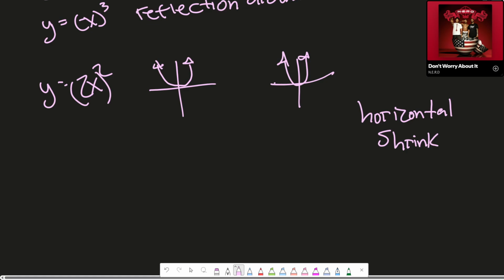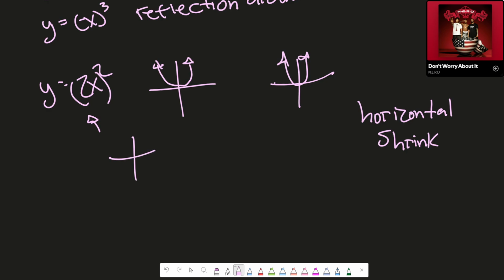And the reason it shrinks is that when we're adding a coefficient greater than 1, we're speeding the graph up. What would be, let's say, y equals x, when it's made 2x, we're really speeding the graph up. We're making whatever change was going to happen happen 2 times earlier. And that speeding up really makes the graph take up less space and kind of shrinks it. That is how I like to think about it. If that is confusing, I'm so sorry.